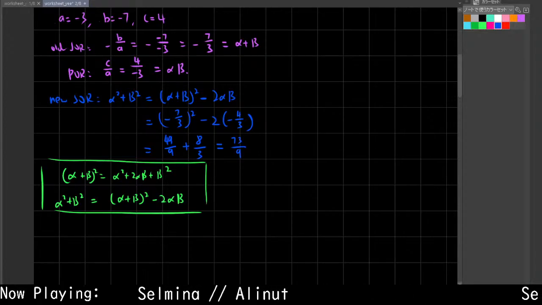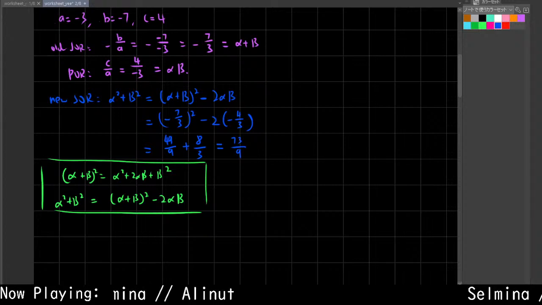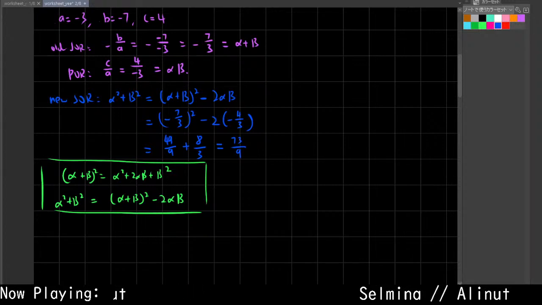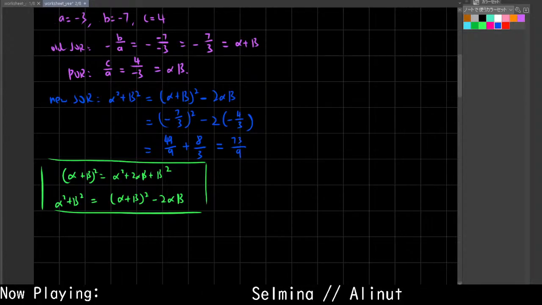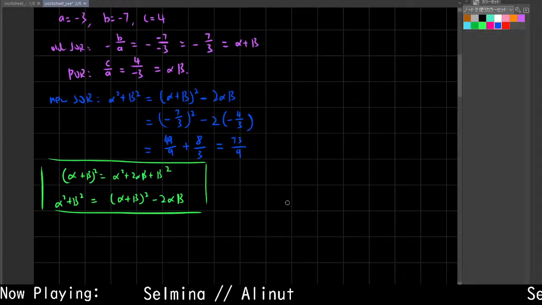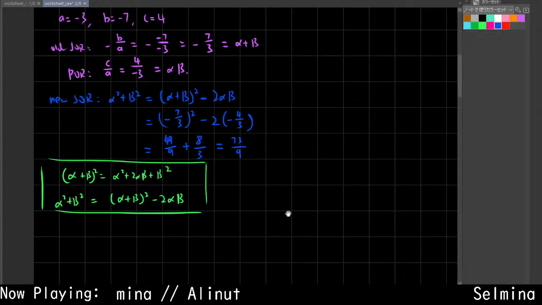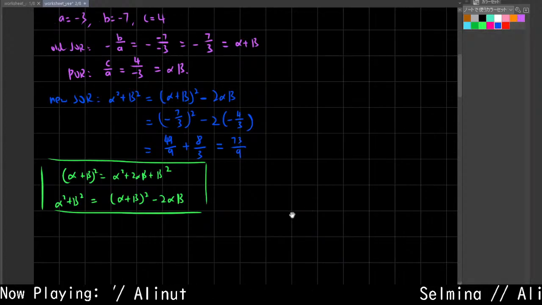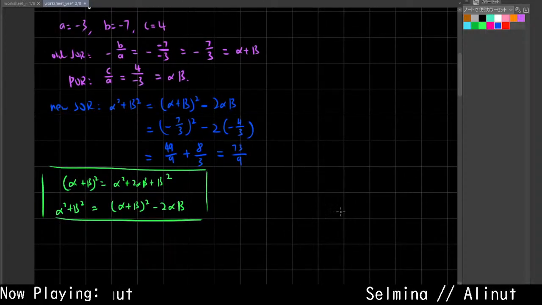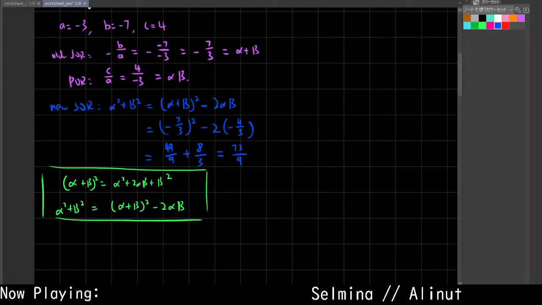Then the next will be your new product of roots, PO. But that one is rather straightforward. So the product of roots will be alpha squared times beta squared.